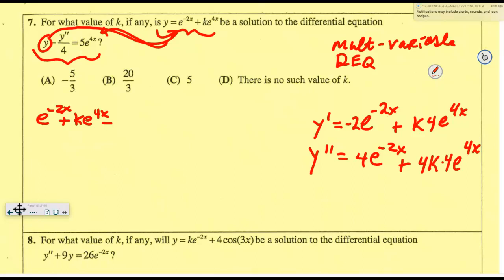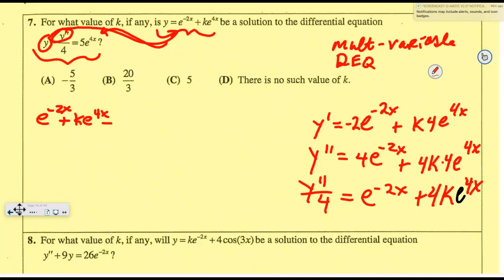All right. Before I plug it in though, that's my y double. I'm going to divide everything through by 4. So my y double over 4 would be just e to the negative 2x. 4 will cancel. And then a 4k e to the 4x because a 4 will cancel.